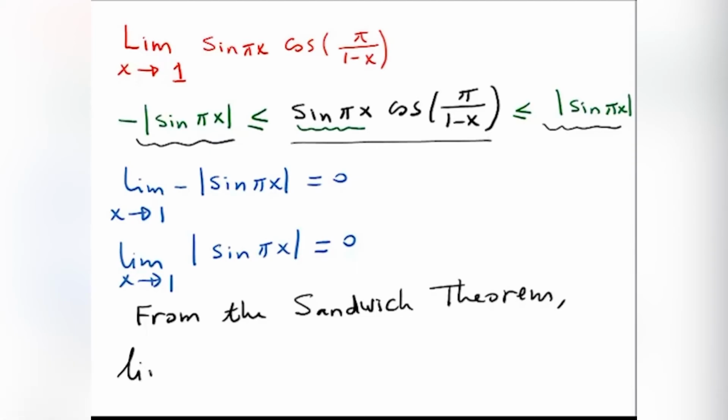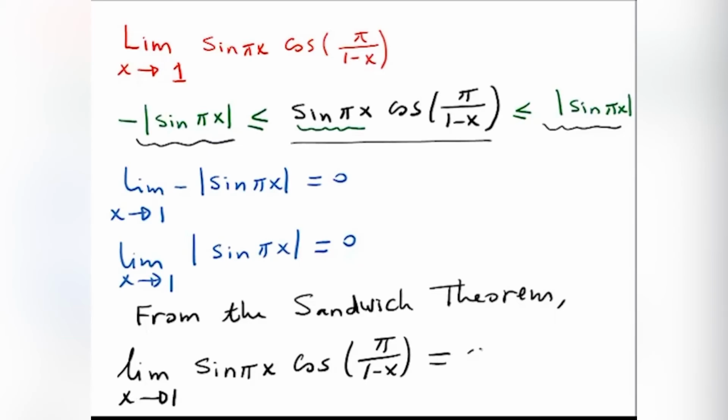So the limit of sine pi x times cosine pi divided by 1 minus x as x goes to 1 equals 0. Very interesting.